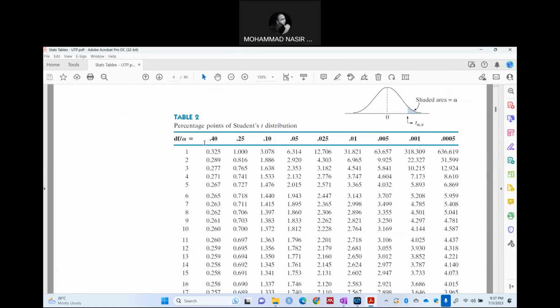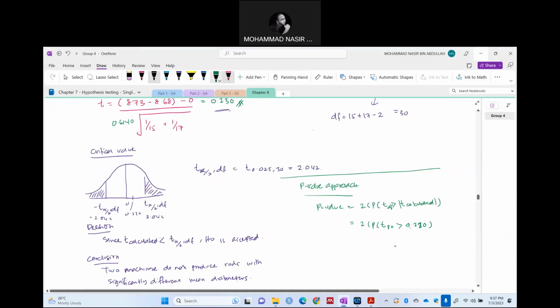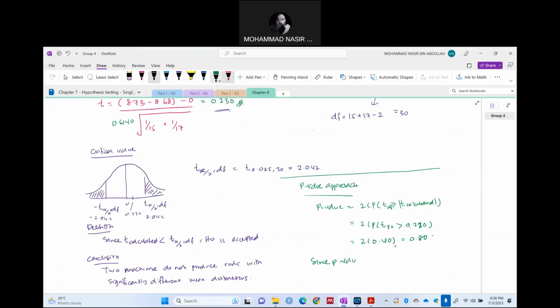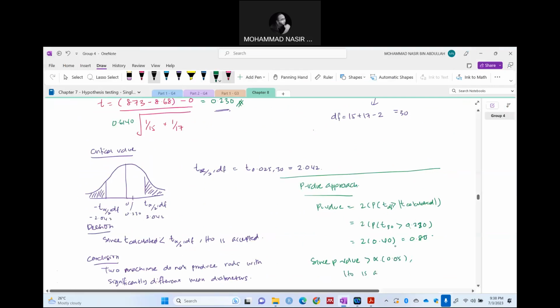So the alpha would be 0.4, right? So the p-value is 0.4. So 2 multiplied with 0.40 equal to 0.80. So since p-value is more than alpha, our alpha is 0.05, null hypothesis is accepted. Okay.